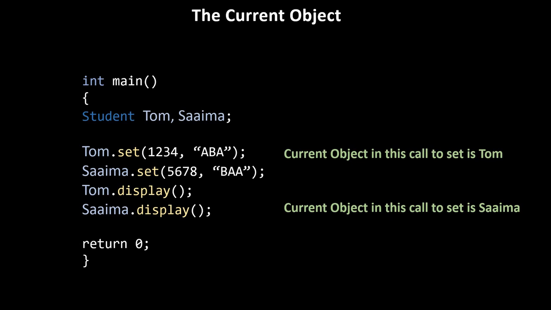So if you look at this example again with Tom and Sima, when you call a function on the first object, which is Tom, so you call tom.set, that is the current object. And then after, when you call Sima.set, that becomes the current object.